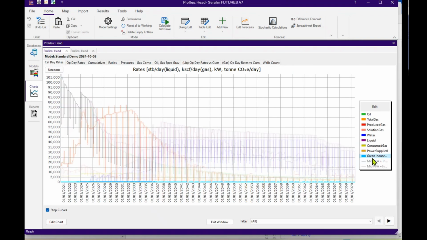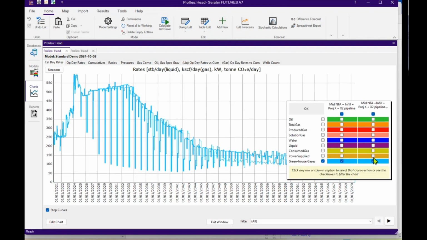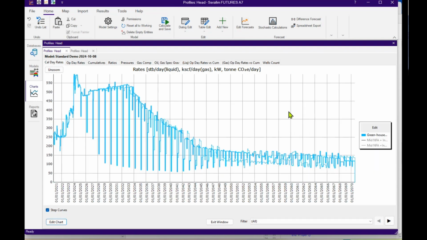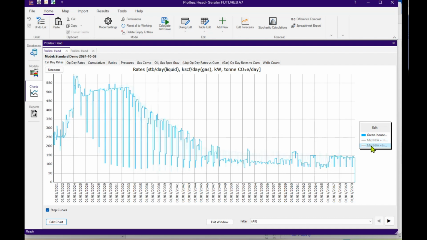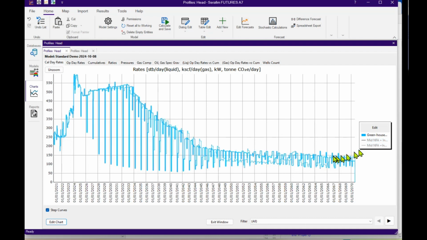So we'll see that there is a difference. This is the forecast without the limit, and this is the forecast with the limit imposed.